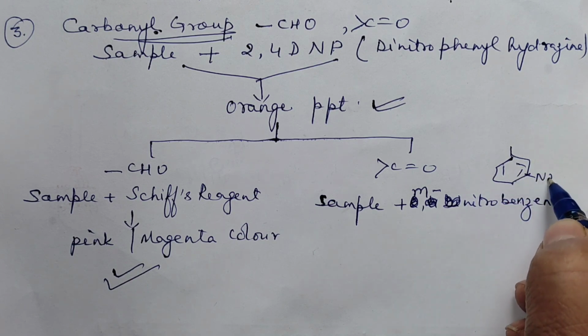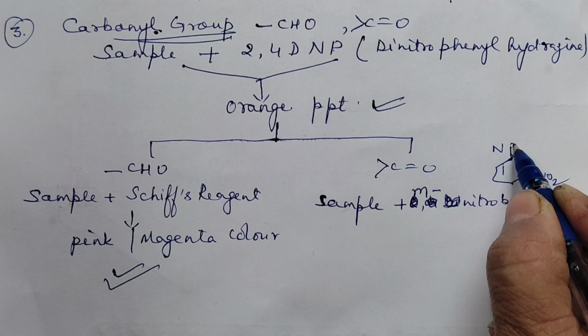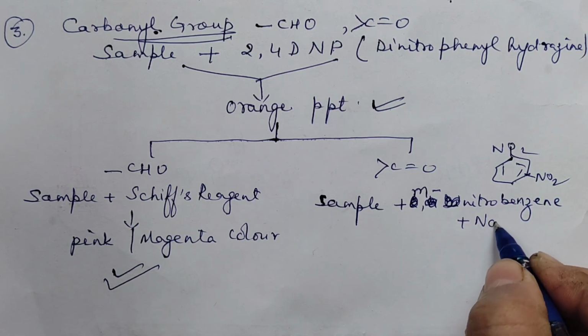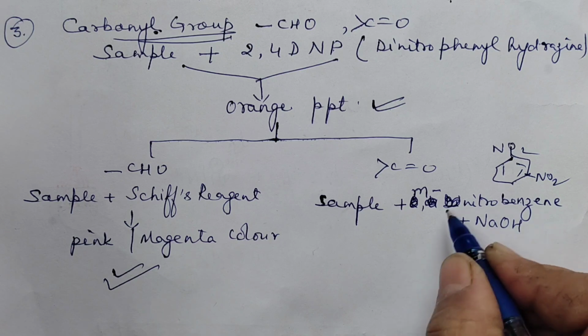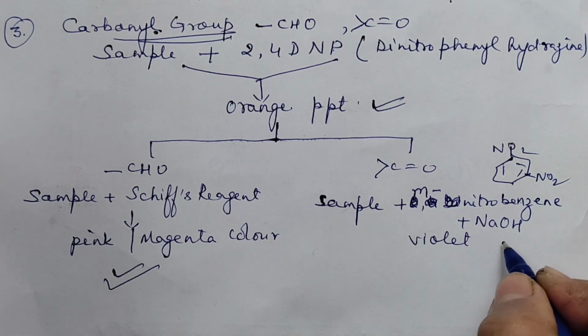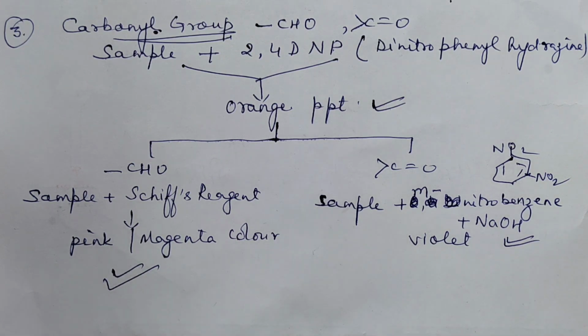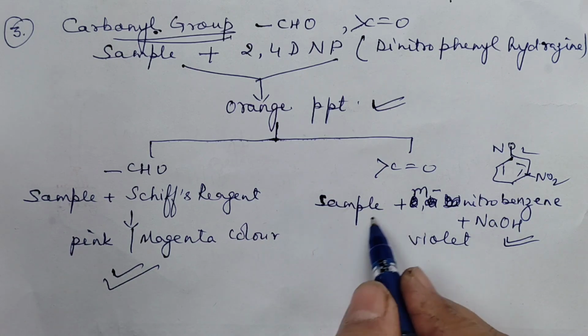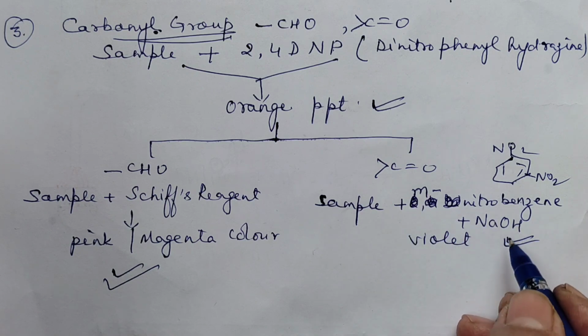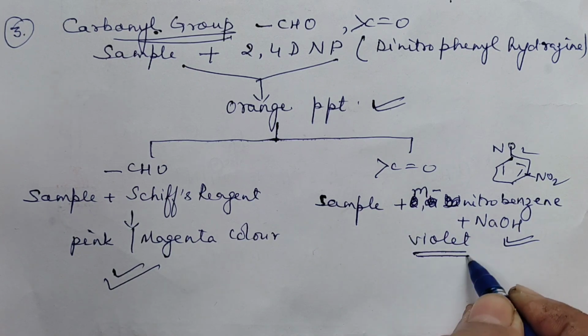Meta-dinitrobenzene means at meta position two nitro groups are present. Meta-dinitrobenzene is added, plus base is also added. NaOH will be added. On adding here, you will get violet color. The presence of violet color will indicate that a ketone is there. So for ketone there are two tests. One is this sample plus meta-dinitrobenzene. You add base to it, you will get violet color.